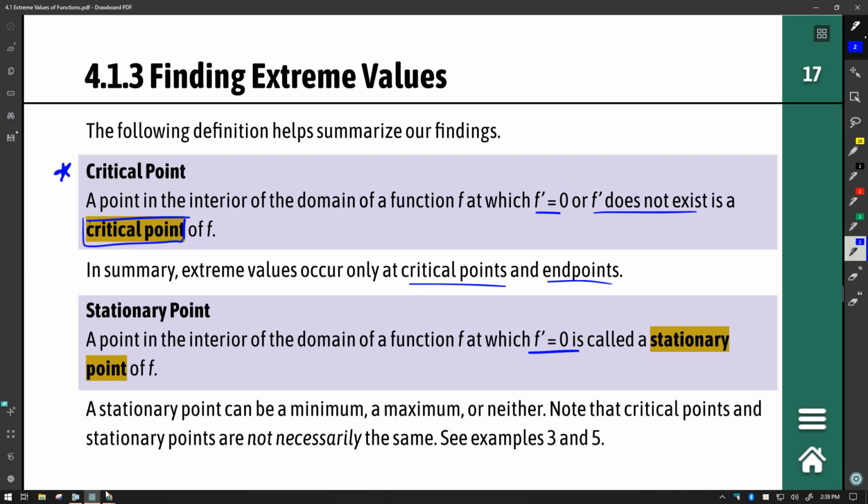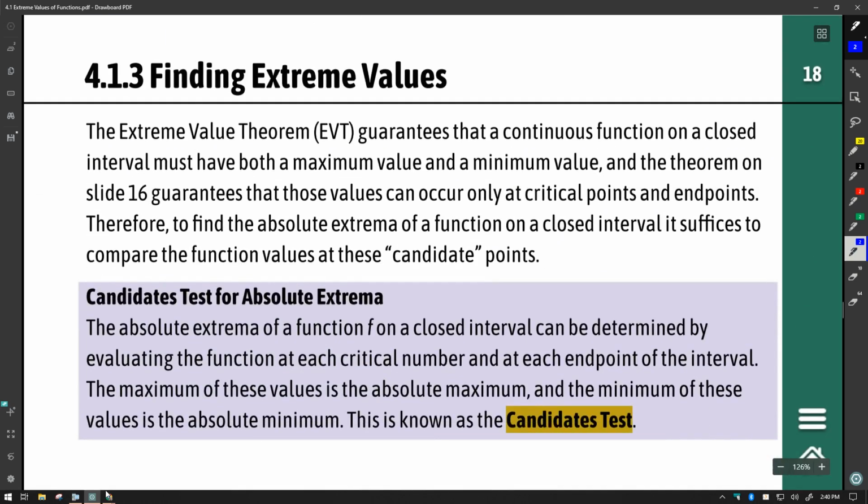We want to say here that a stationary point could be a minimum, it could be a maximum, or it might actually be neither. And we're going to see some examples of functions where we get neither of those. So we also want to note that critical points and stationary points are not necessarily the same, and we're going to see that as well. So finding those extreme values, taking into consideration what we have from the previous few slides.